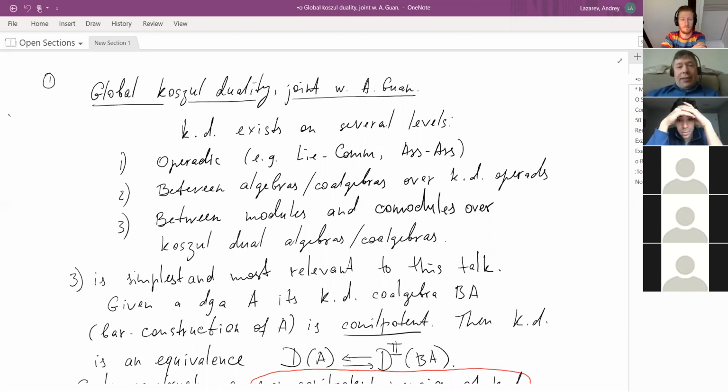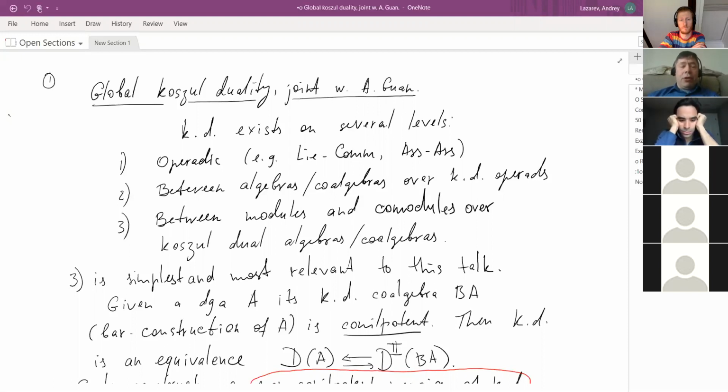In particular, it exists on the operadic level, so that would be a duality between an operad and a cooperad, or maybe a duality between one operad and another operad if you just dualize and don't distinguish much between an operad and a cooperad in this way. So for example, the Lie operad is dual to the commutative operad, and vice versa. The associative operad is self-dual.